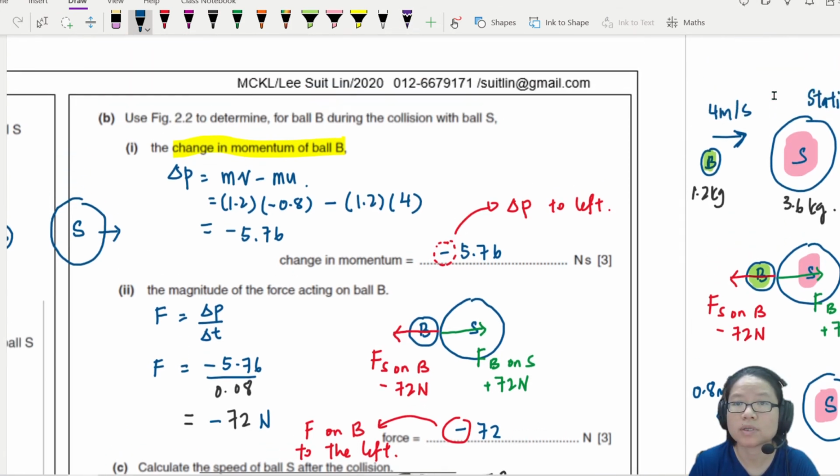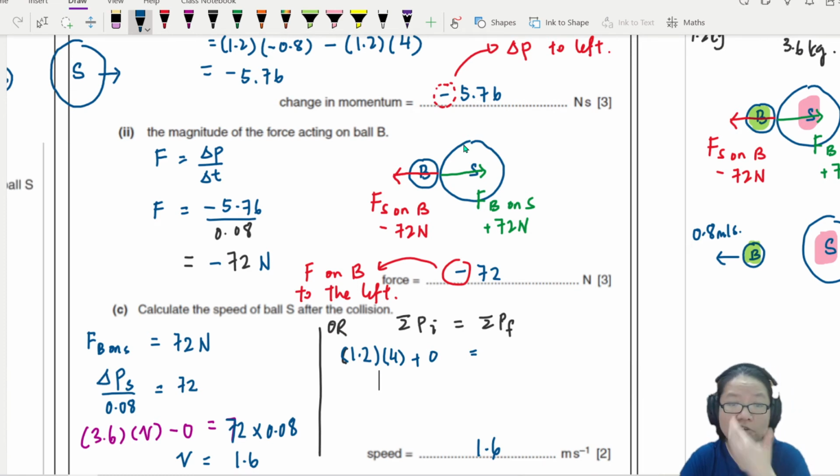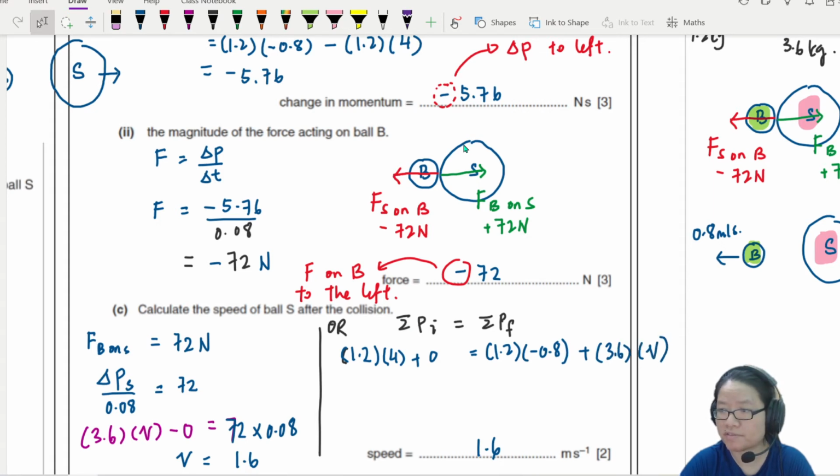Okay, for S, it is not moving, so it's 0. Then I'll take the momentum of B after collision, 1.2 times negative 0.8, plus the momentum of S, so that would be the mass of S, which is 3.6 kg, multiplied by V. So if you press your calculator, I'm pretty sure this one will still get you 1.6.